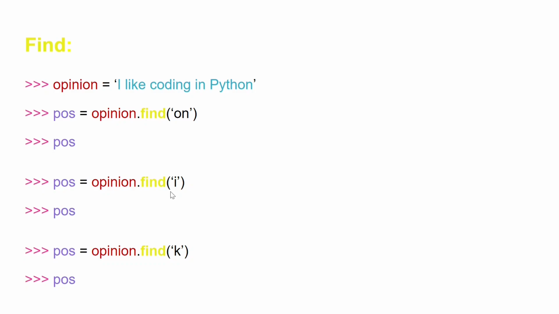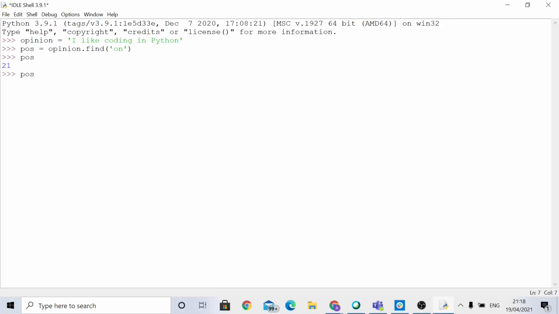Let's try the letter I out. So you see I'm using the same variable pos this time, so I'm just reassigning it to something else. I've taught you this before, but if you reassign a previously used variable, so since pos was used for opinion.find on and this is being used for I, its value will be the new or most recent value.